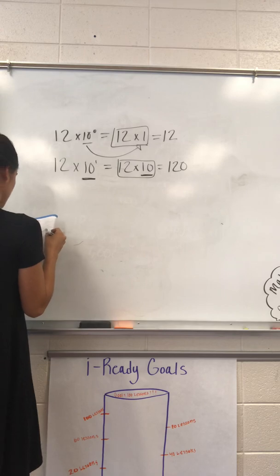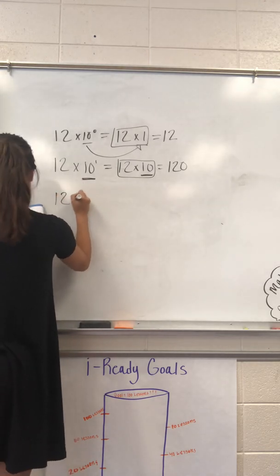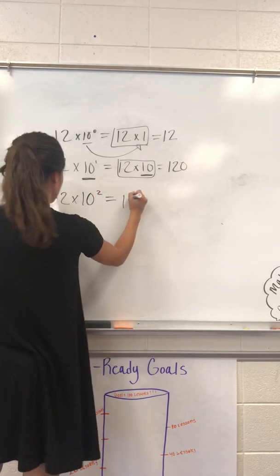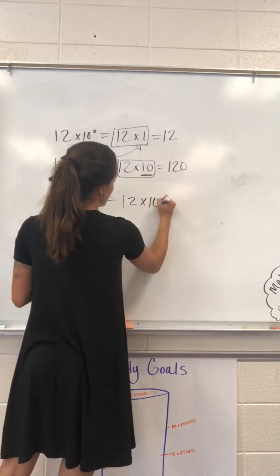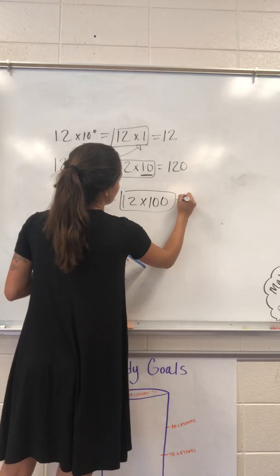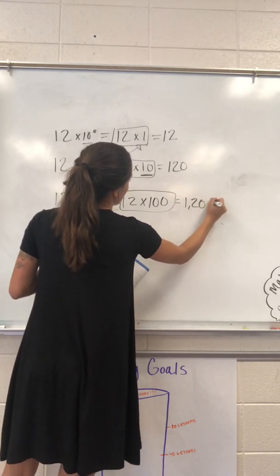We're just going ahead and solving that. So now let's do 12 times 10 to the power of 2. So 10 to the power of 2 we know is 100. Now we're going to solve that. 12 times 100 equals 1200.